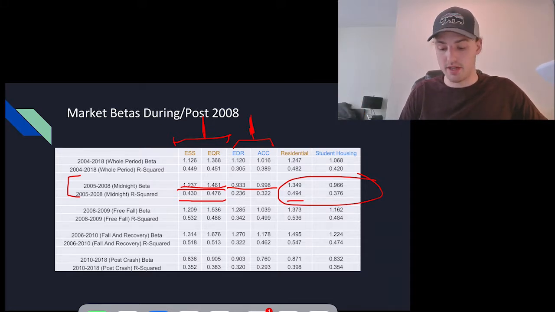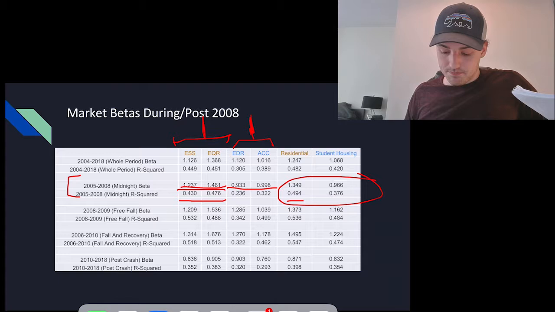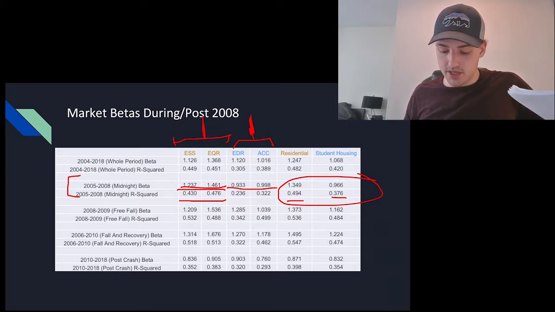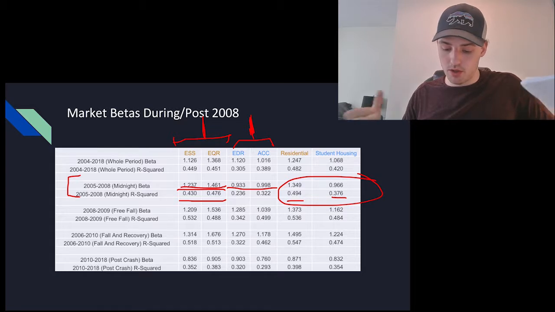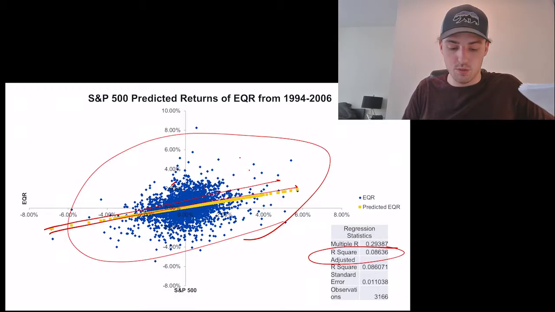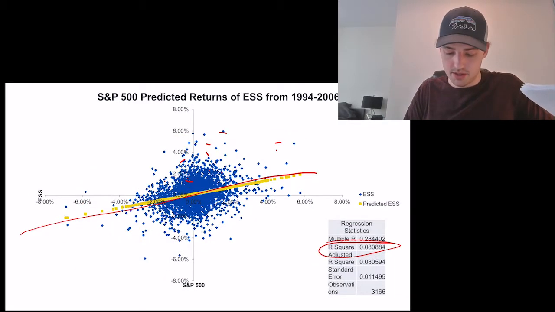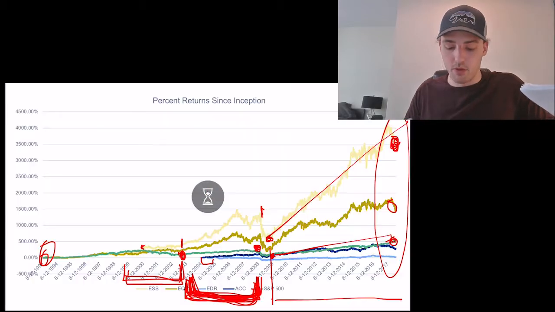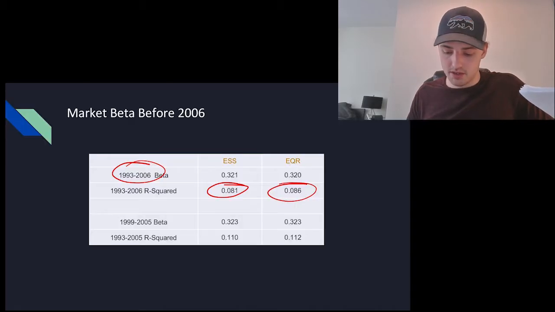Likewise, once again, there seems to be a weaker average statistical relationship here with student housing, but still more significant, I guess, than what was witnessed a couple slides back, before 2006, where there were absolutely no statistical relationships between ESS and EQR.